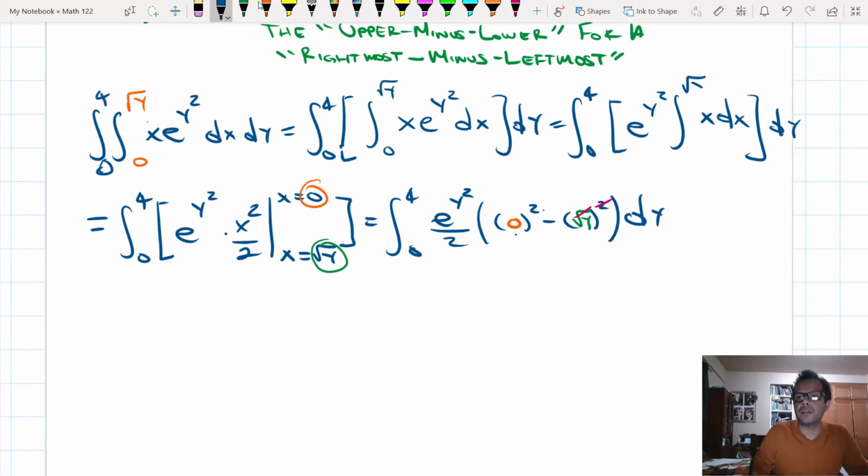Upper limit square root of y, lower limit 0. Over here, let me erase this as well. Otherwise we're going to get a totally different answer. It's a good moment to fix this.